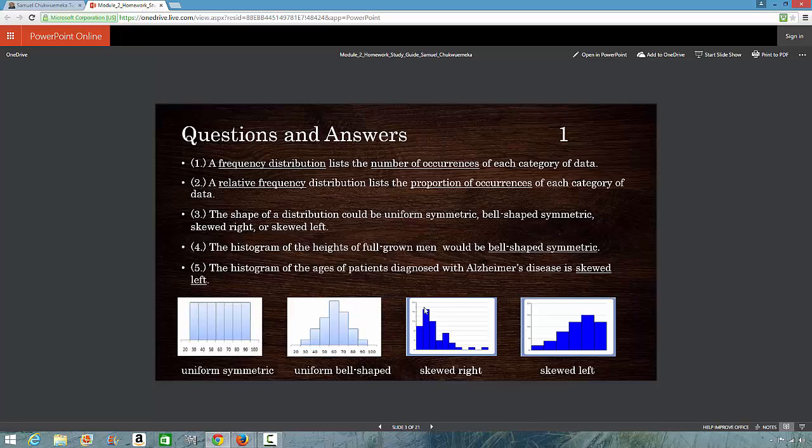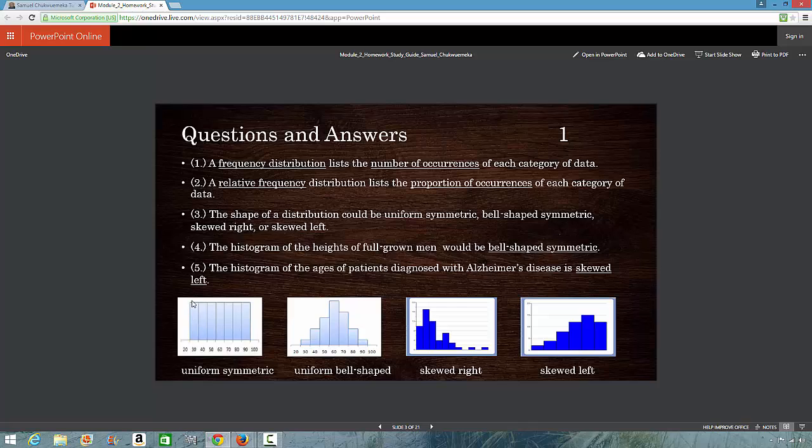Okay, we say it is bell-shaped when you see the distribution like this. If you see it this way, whereby the peak is on the left, but the tail is on the right, we say it is skewed right. And if the tail is on the left and the peak is towards the right, we say it is skewed left.